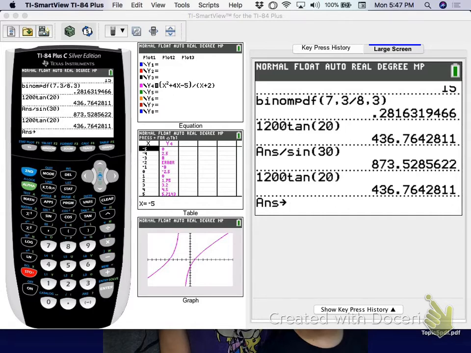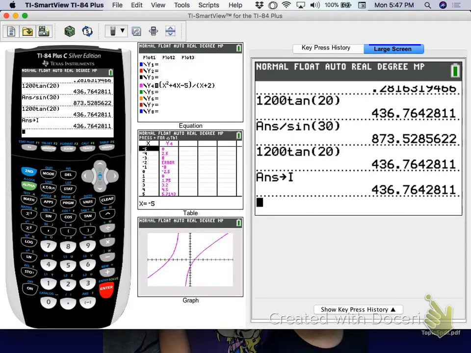I hit store, and then whatever you want to call it. So if you want to, we can call it the letter I. That'll make it easy to remember. So let's see, I is here, A, B, C, all the way to I. So I'm going to hit alpha to choose the I and hit enter. And now anytime I use the letter I, that's going to be 436.76, so on and so forth.